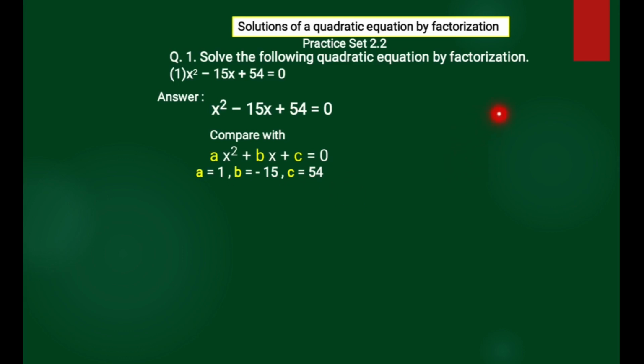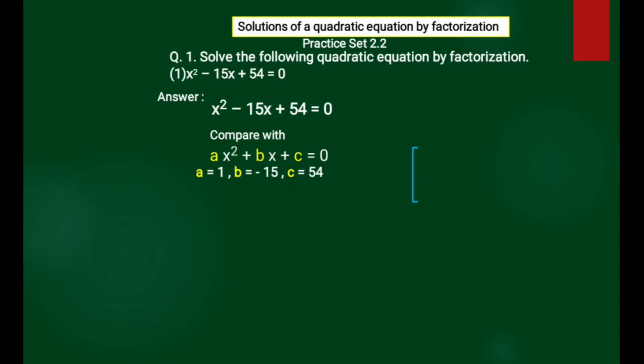Why is this method called the factorization method? We split up this middle term, that is the term of variable x, that is degree 1. We split up the value of this constant b in terms of factors which are a product of a and c.